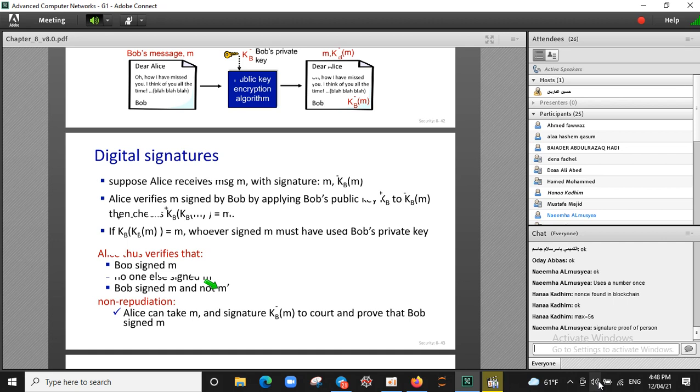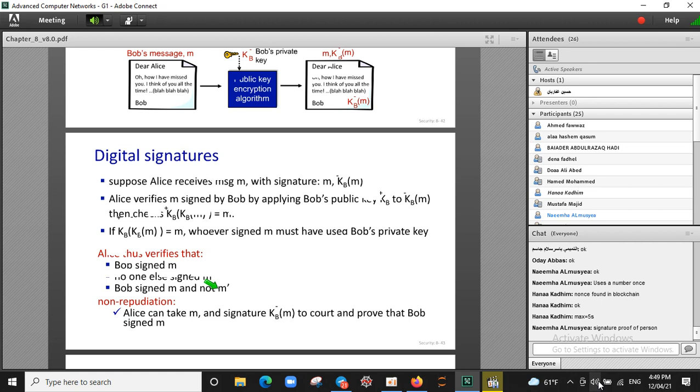Alice would take those items to the court, and I will send my public key to court. If the court can decrypt my message correctly, it means that I made that order. I bought something, and the court will enforce me to pay for that order.